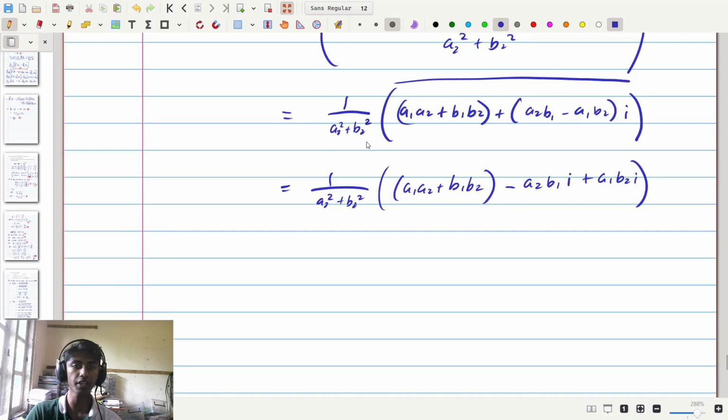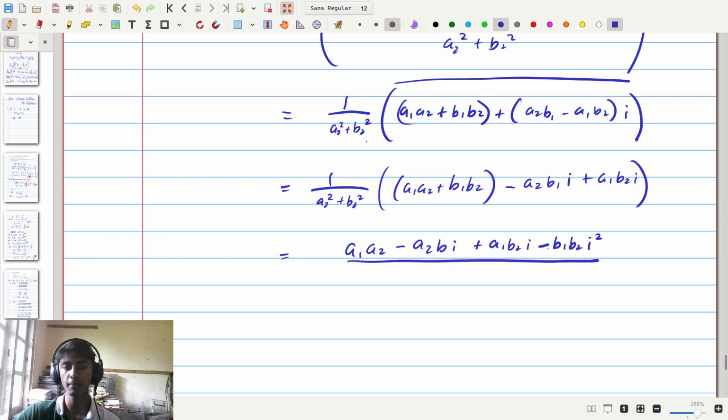Now if we take this expression, by factorization this same expression could be written as a1 a2 minus a2 b1 i, and then if we take this term and this term, we can write this as plus a1 b2 i and then minus b1 b2 i squared, and all divided by a2 squared plus b2 squared, which I'm going to write as a2 plus b2 i times a2 minus b2 i.